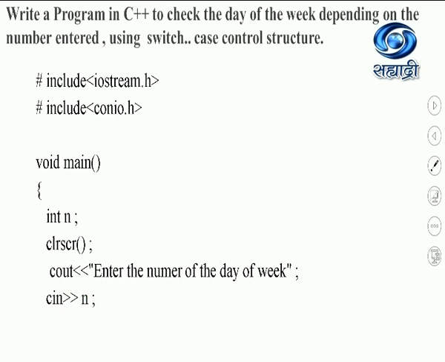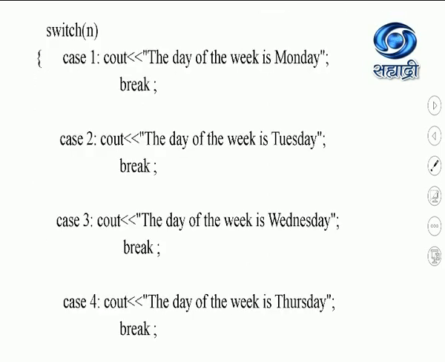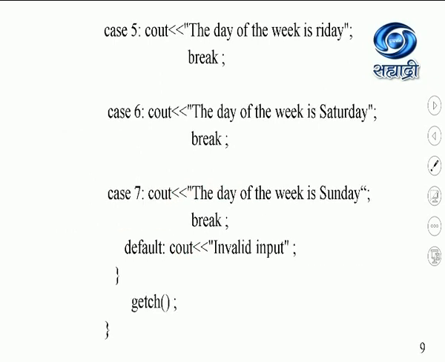So I say cin in n. I've put the switch on the expression n. So whatever the value of n, suppose I put 1, then it will say cout, the day of the week is Monday. If I put 3, then it will say it is Wednesday. If I put 7, it will say it is Sunday.